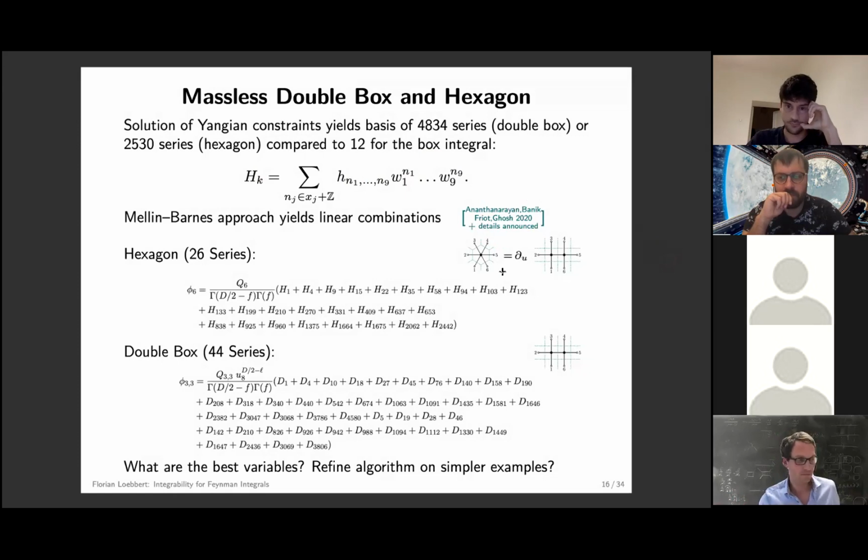They wrote down explicitly these combinations in terms of 44 series for the double box and 26 for the hexagon integral. So far, they only have a short paper out with 5 pages plus 20 pages appendix where they present the results, and the details are announced for the future. So it will be interesting to see how this interacts with this Yangian approach.